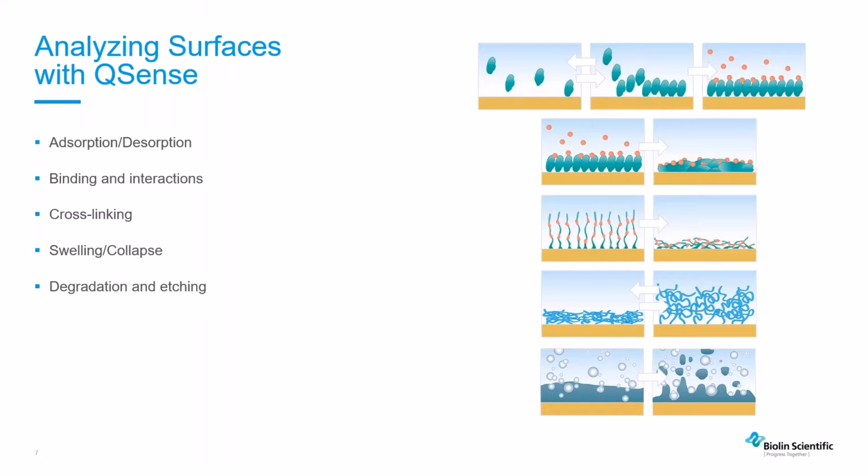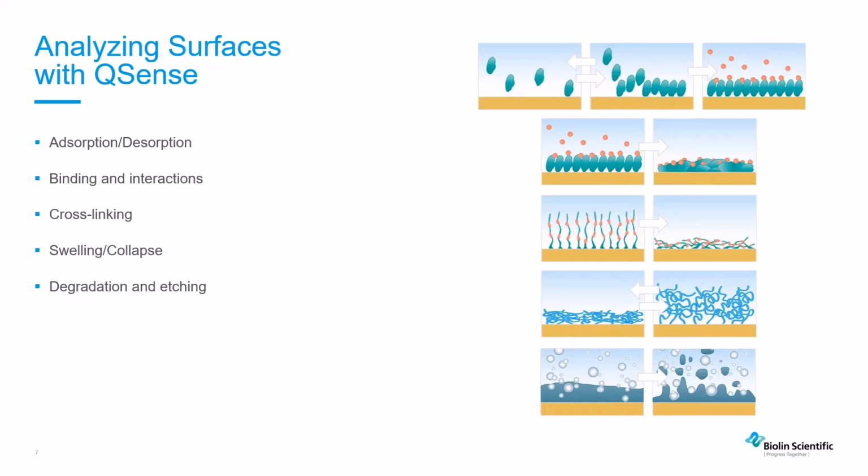The sensor is typically operating in a liquid environment, and you introduce your liquid sample material to the sensor surface. In the top here, we can see some molecules interacting with the surface. First a layer of green molecules, followed by a layer of red molecules. So we have different adsorption and binding events that we can measure in real time.